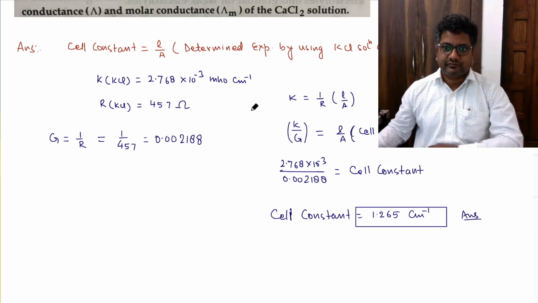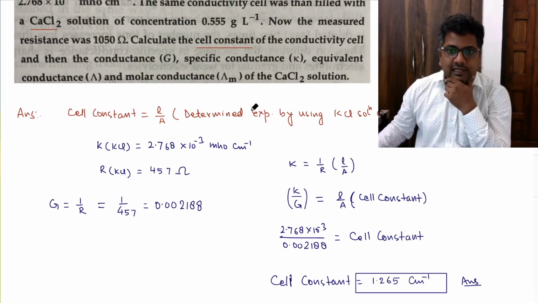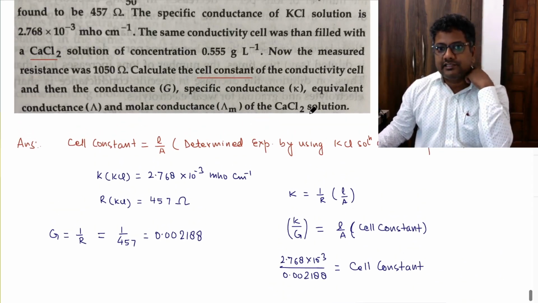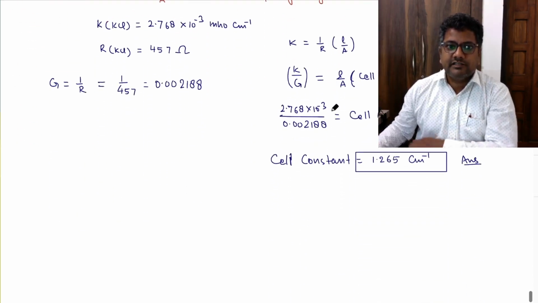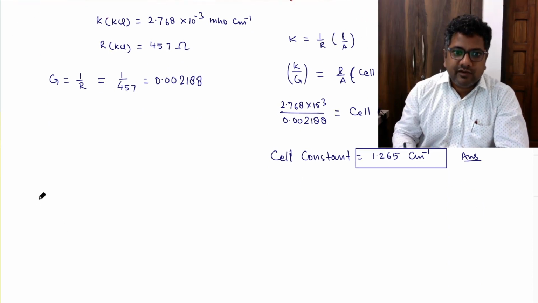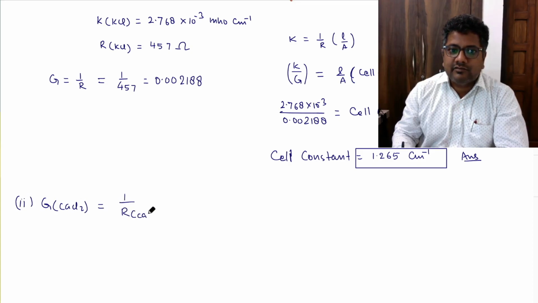Now come to the calculation for calcium chloride. First the conductance of calcium chloride. G for CaCl2 is equal to 1 by R for CaCl2.